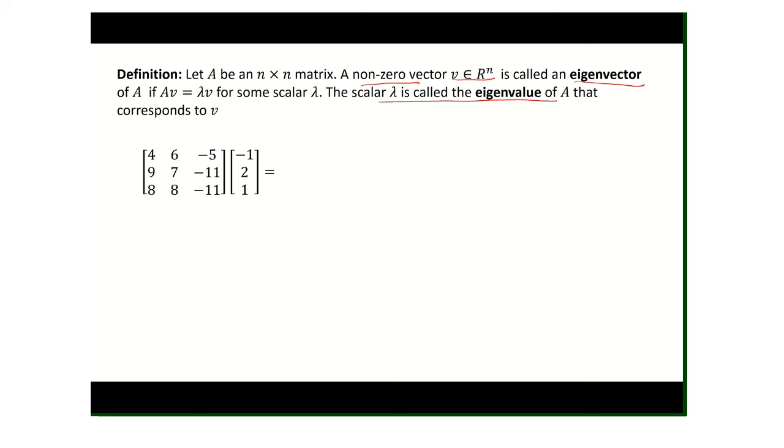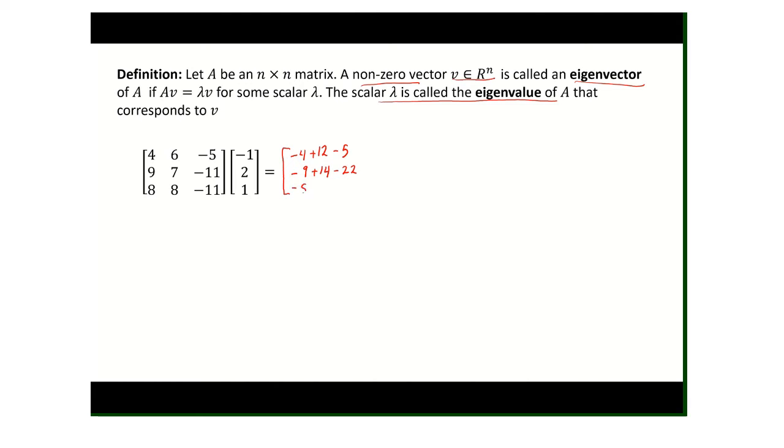So for example, we have this matrix, and if we multiply it by negative 1, 2, 1, what do we get? Well, for the first row, we get negative 4 plus 12 minus 5. The second element, we get negative 9 plus 14 minus 2.